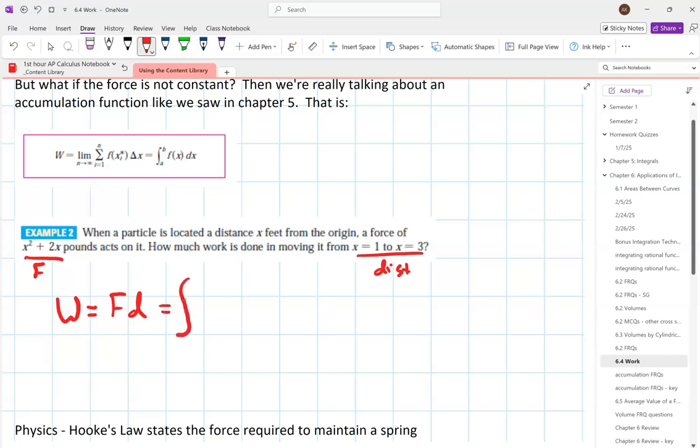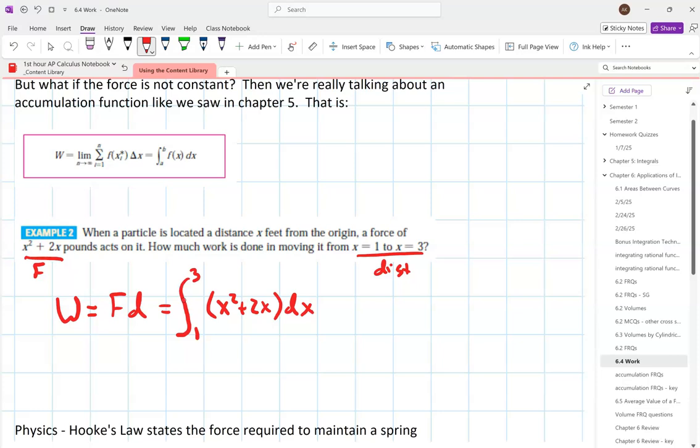But because the force is changing each time, we're going to calculate the force for just some little tiny sliver of distance, a dx, and we're going to add up all those little tiny slivers of dx all the way from 1 to 3.